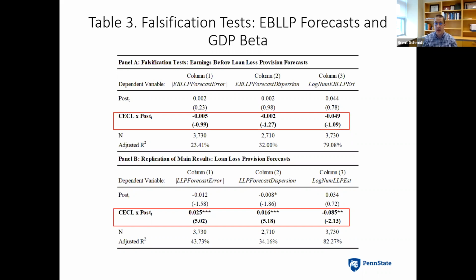If what we're documenting is simply the onset of the pandemic, you might expect the pandemic to also affect the earnings before the loan loss provision, whereas with CECL, it really should only be about the provision itself. So we thought this was a nice falsification test. But certainly something we can think about more, whether there are additional line items or other things that we can look at.